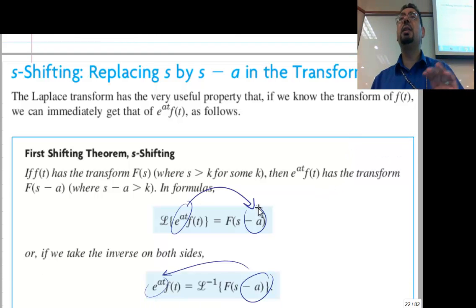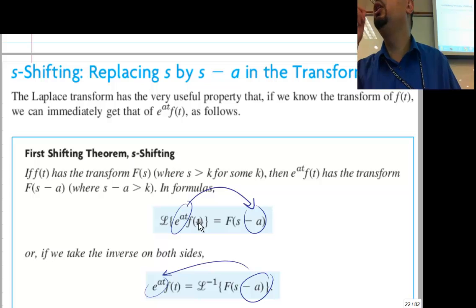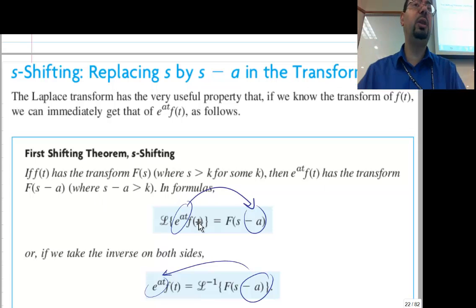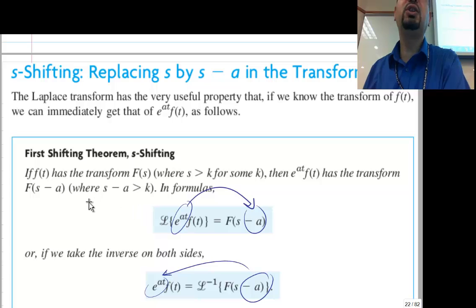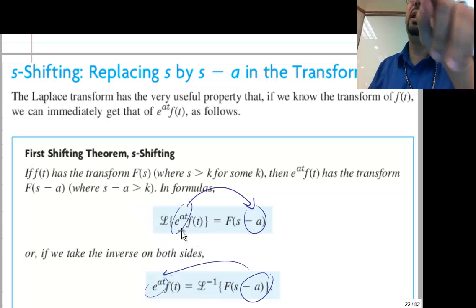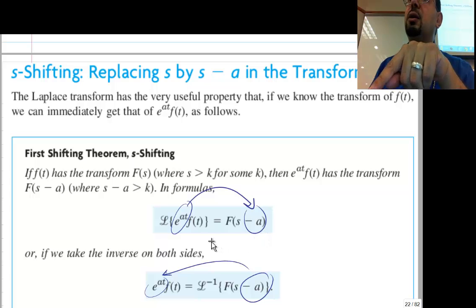So guys, let's just see in general, if you have e to the power at multiplied by any function, sine, cosine, like the homework, t squared, t over whatever. The rule is actually very easy. It's called the first shifting theorem, and it's basically that the e to the power at ends up shifting the s to s minus a. So forget about e to the power at.